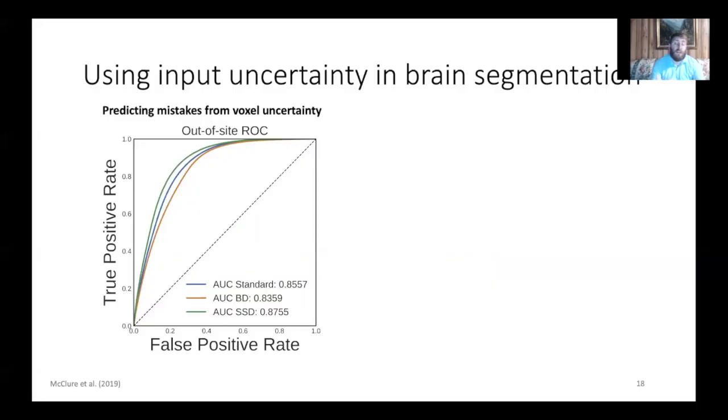To see if uncertainty can be used in this setting, we took the uncertainty across the brain, averaged it into one overall uncertainty value, and then saw if we could predict whether human QC raters would say that a scan is good quality or bad quality just from that uncertainty.